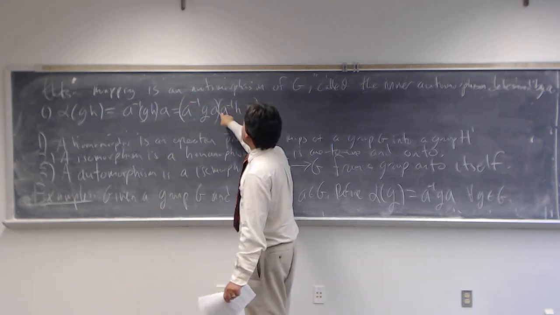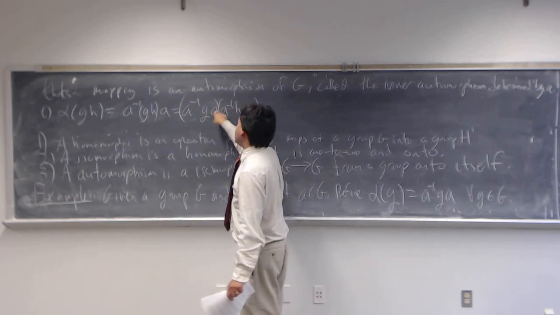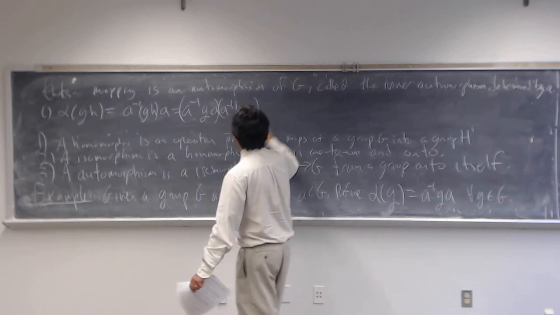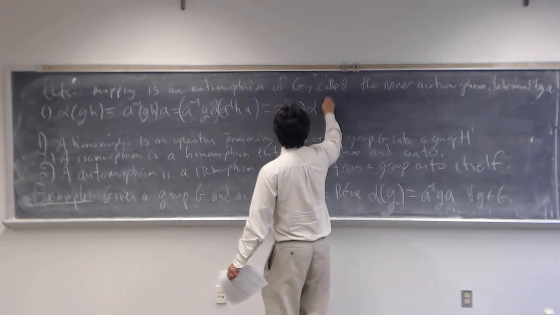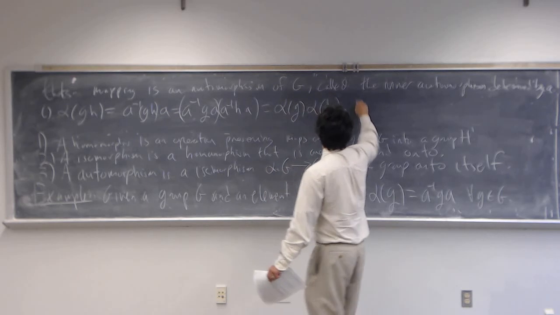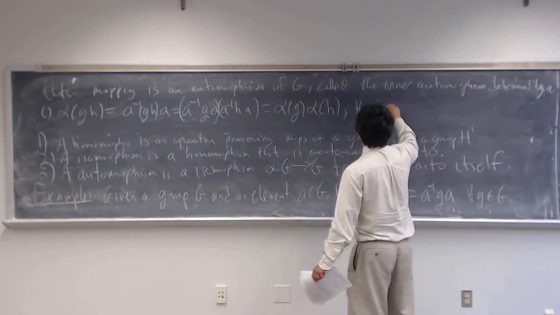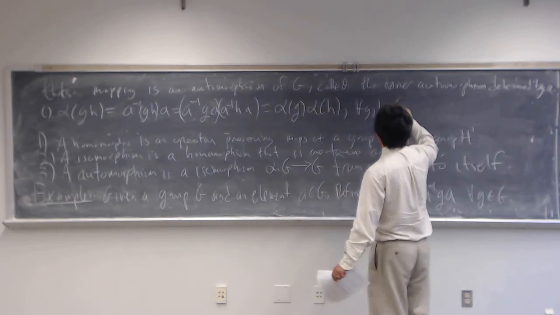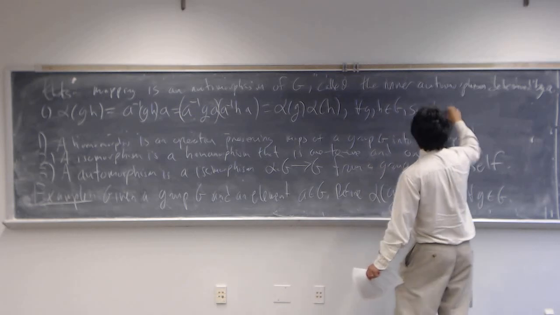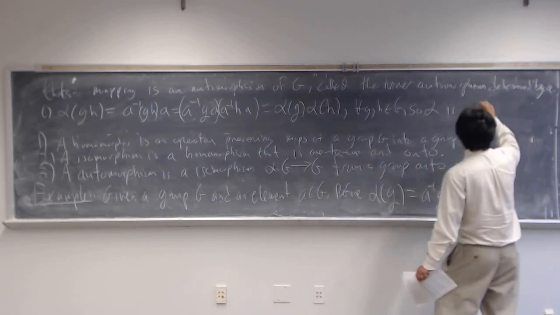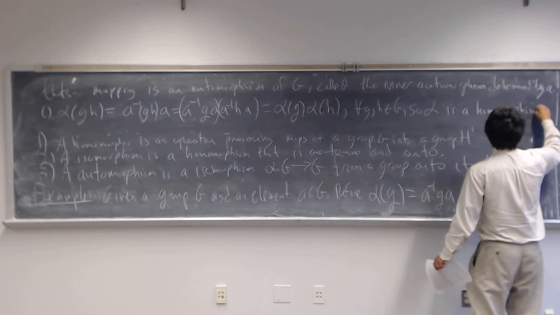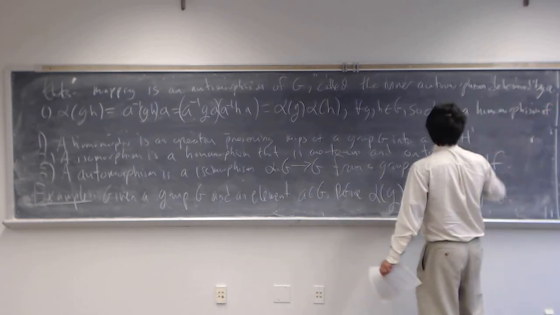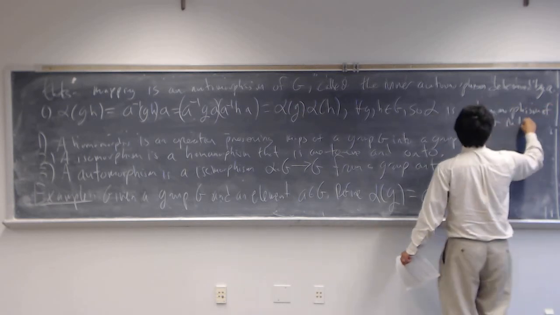Because A times A inverse gives you an E, G times E, for instance, is just G. But that's just going to be phi of G times phi of H. This is true for all G and H in G. So phi is a homomorphism of G into G.